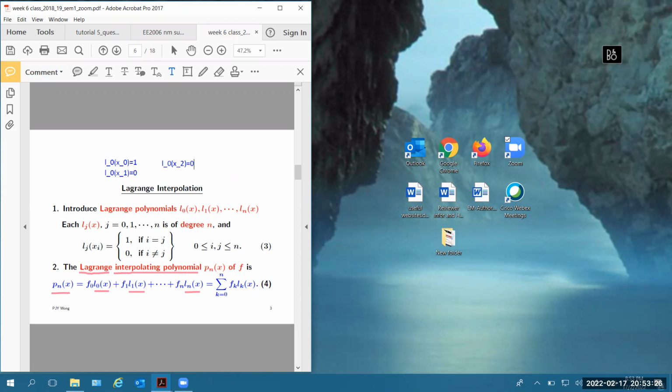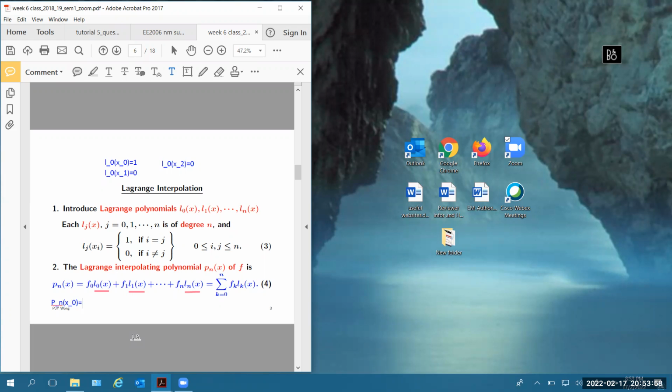Because of this very nice property of the Lagrange polynomial, when you say this is an interpolating polynomial, suppose you substitute x0 into Pn.